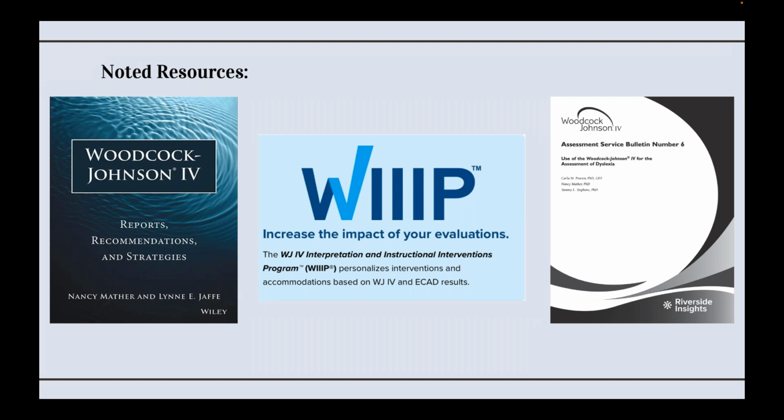But I will say that using this service bulletin to the right, it does talk about primary and secondary characteristics of dyslexia. So if you are just using the achievement, say as a special educator doing the academic testing in a school, this bulletin will be helpful for you to identify what tests off of the achievement would be helpful for my team to have data on if I only have access to the WJ4 Achieve.